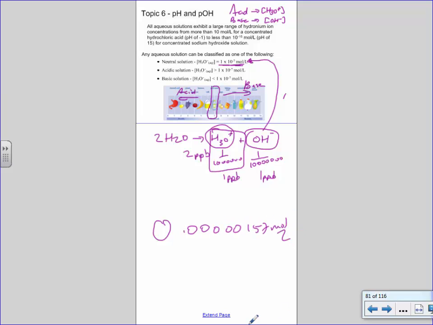Like, that's such a small concentration that it gets really annoying to do this every single time. But logarithms were developed in math to try to make it so that we take really small numbers and turn them through an operation into some more reasonable numbers. And so later on today, I'm going to show you guys a formula that we use to convert these small concentrations into something more normal.